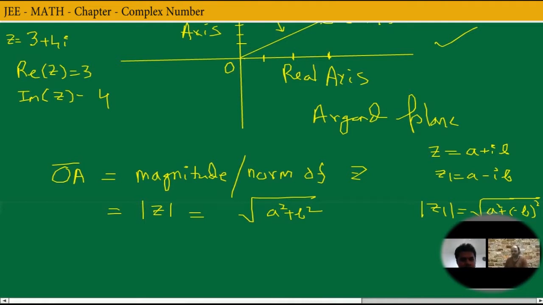So the modulus of z1 equals the modulus of z. So this distance OA is nothing but the magnitude or norm of z. It's also called modulus, also written as mod z.